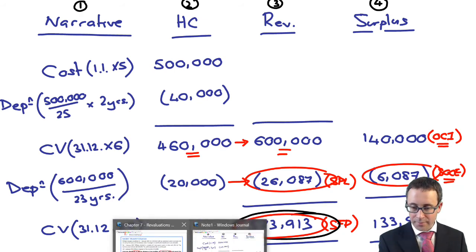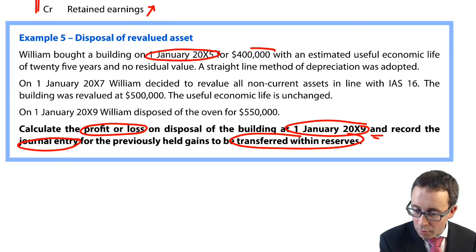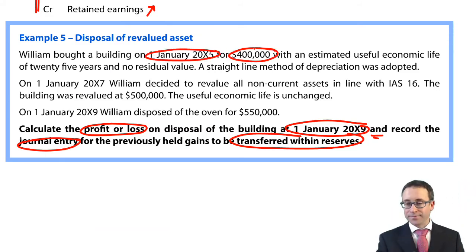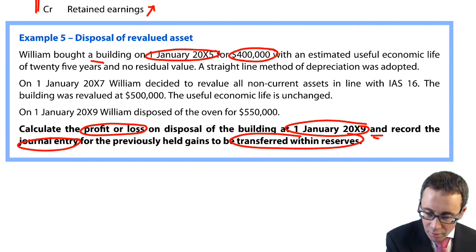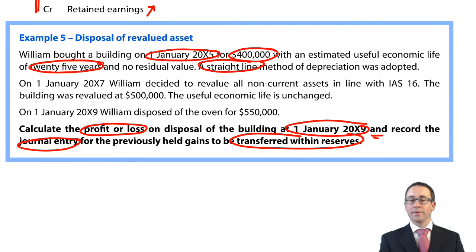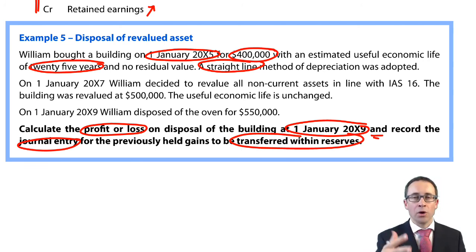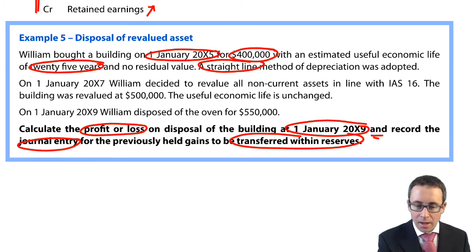On the 1st of January X5 we bought it for 400,000, again with a life of 25 years, and we depreciate it straight line. So you can work out whatever the depreciation charge may be. Is it 400 divided by 25? I'm not going to work that out. I've already had my luck with mental arithmetic once already within this little session.